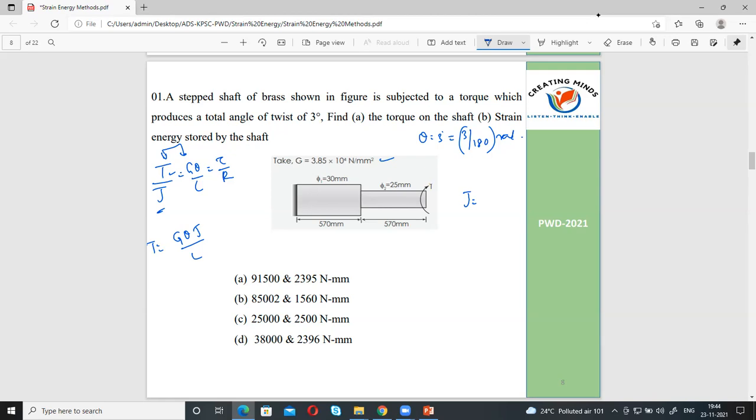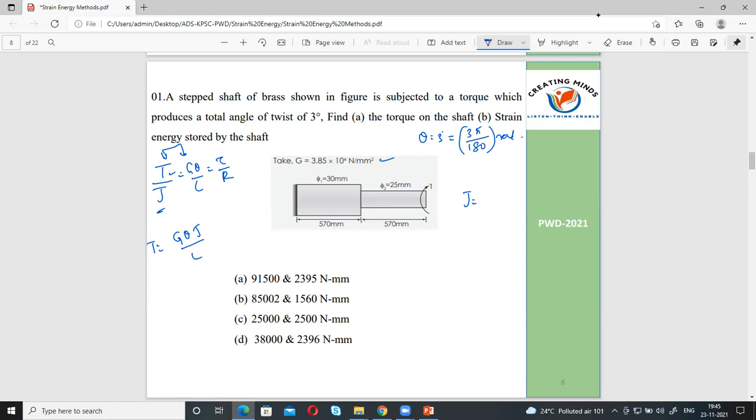So G theta L1. See, this is 3 pi by 180, not 3 by 180. Don't make the mistake. This is 3 pi by 180 when you are converting it to radians.